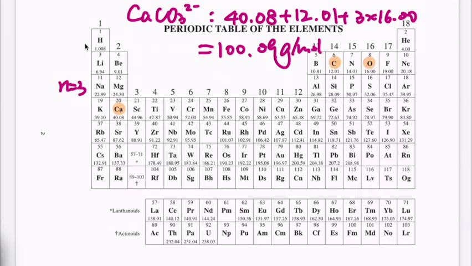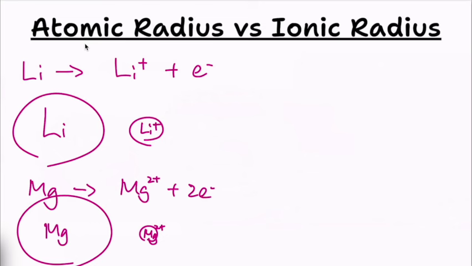On the other hand, for some other atoms such as halogens or the atoms in group 6, when they form an ion, they usually gain electrons and form anions. Let's say chlorine gains an electron and is converted to chloride ion.